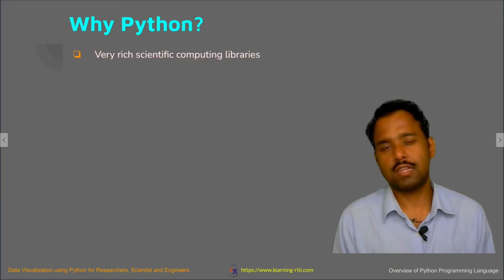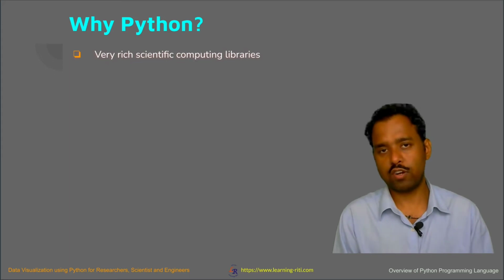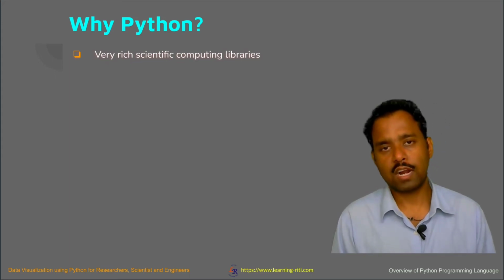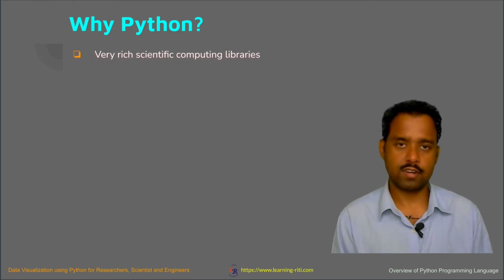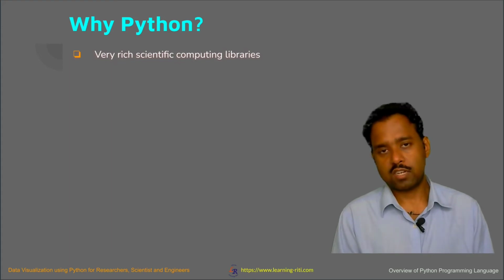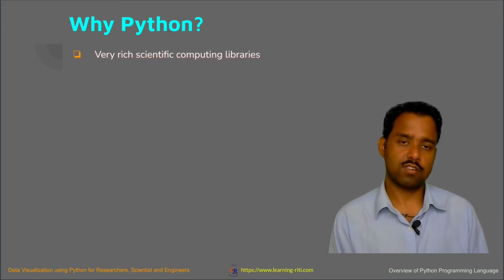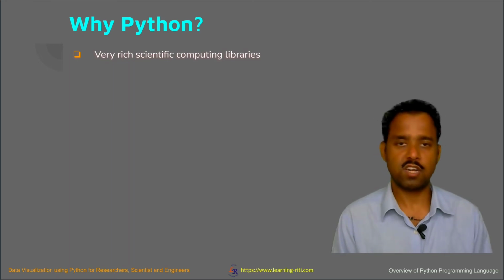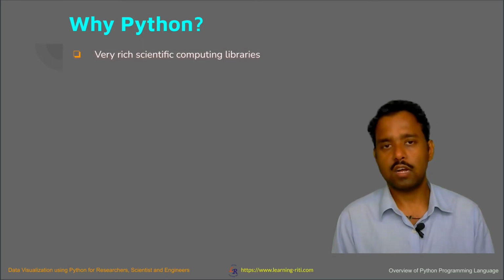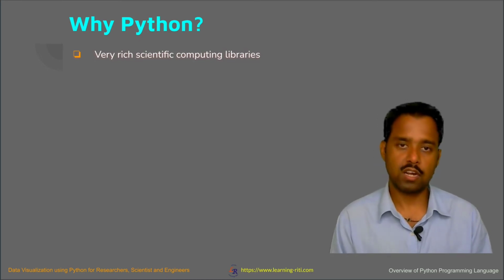Now the next question: there are many high level languages you can perform the task with, so why choose Python? Of course you are free to choose whichever you learn and find suitable, but personally, for scientific calculations and researchers like myself, I have used it. Lots of scientists have plenty of data they need to visualize and interact with, and Python can be a good option because it has very rich scientific computing libraries.